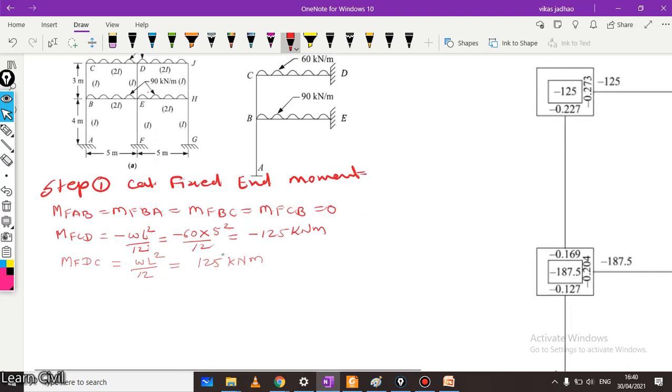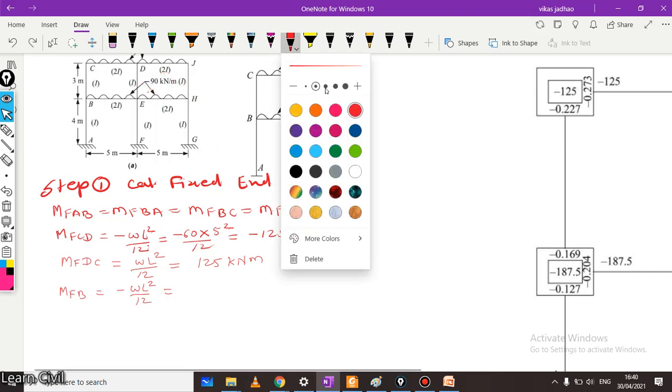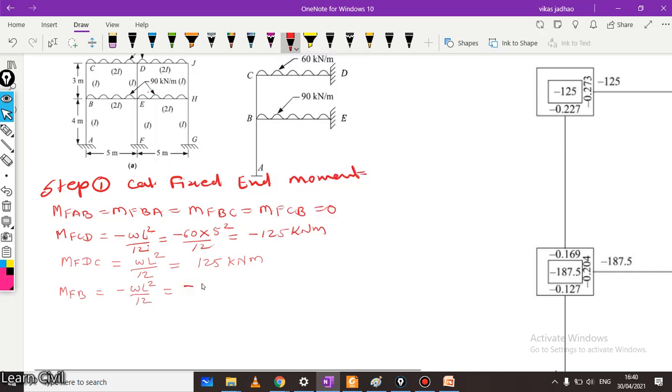Now for this beam BE, MFBE will be equal to minus WL square divided by 12. We have W is equal to 90 kilonewton per meter, so this is minus 90 into L is 5 square divided by 12.